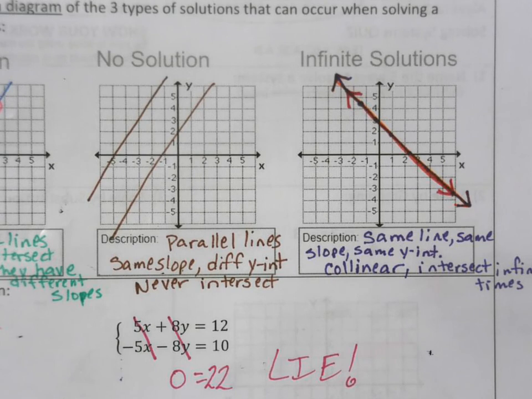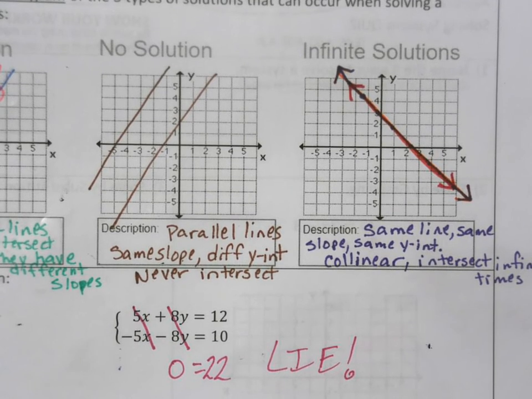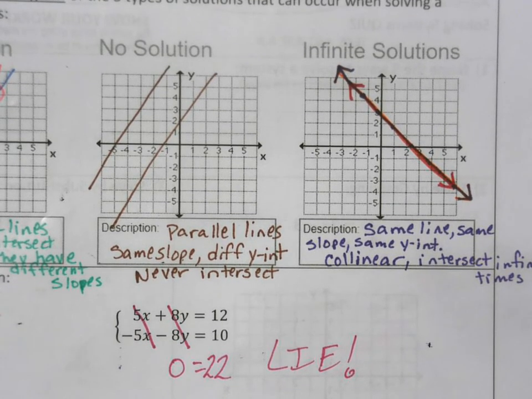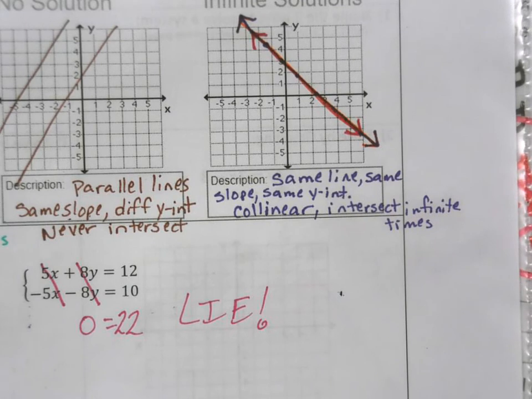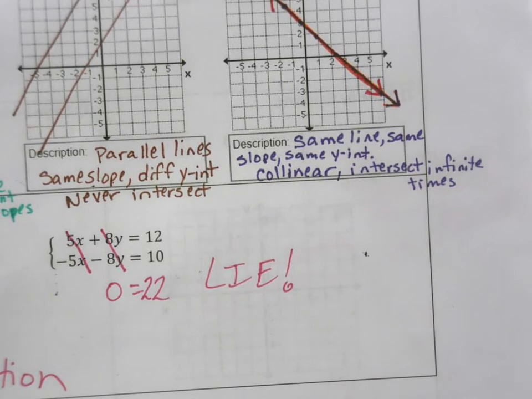Infinite solutions: they're exactly the same line, so they have the same slope, but they also have the same y-intercept. The vocabulary word was collinear. You didn't have to say that, but you had to say something of those sorts. They intersect an infinite number of times.